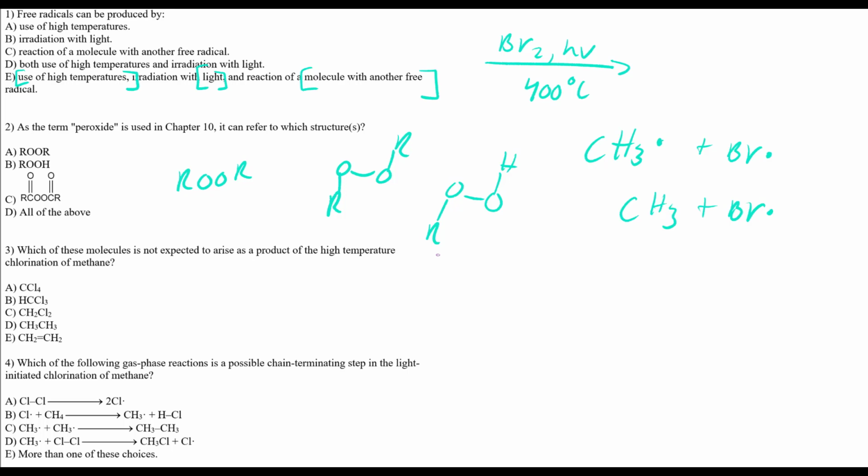It doesn't matter. You just need to have two oxygens next to each other, and then your R groups. Now these R groups can be bromides, chlorides, hydrogens, etc. It just has to follow these types of structures.